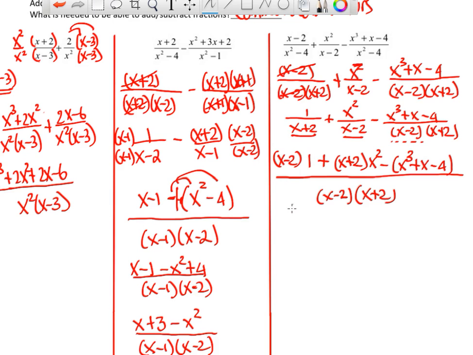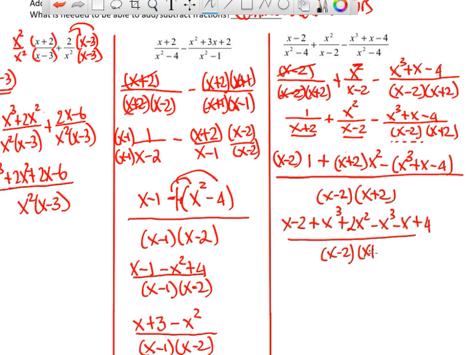So now I've got to distribute all these. So 1 times x minus 2 is x minus 2 plus x squared times x is x cubed. X squared times 2 is 2x squared minus x cubed minus x plus 4. All this divided by x minus 2 and x plus 2.